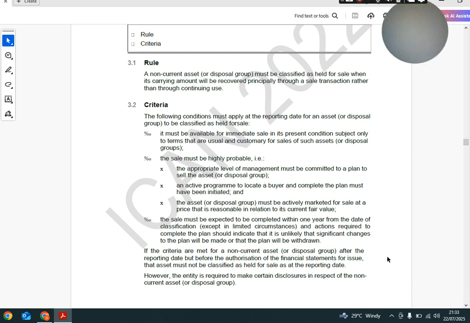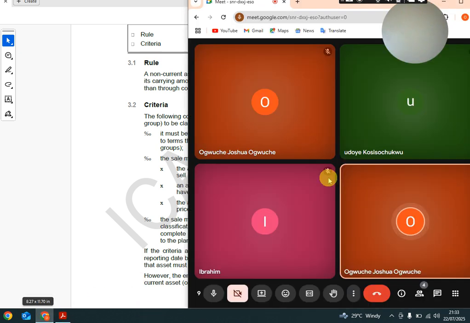All right. I have explained the first 3 conditions under this. Number 1, an appropriate level of management must be committed to selling the asset. That is, management must agree that they want to sell the asset.